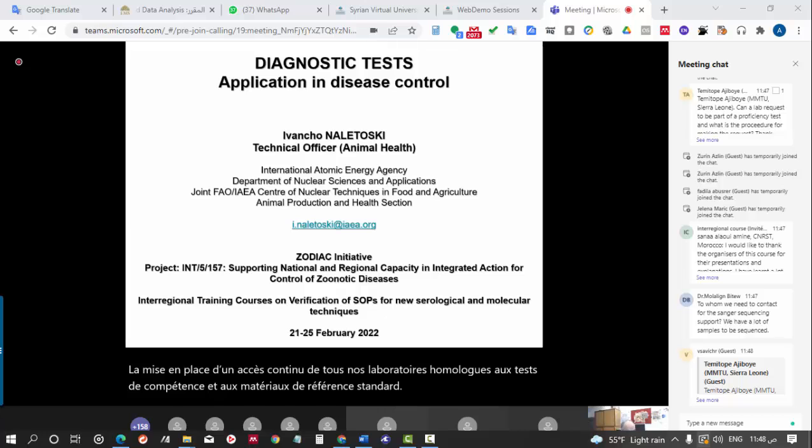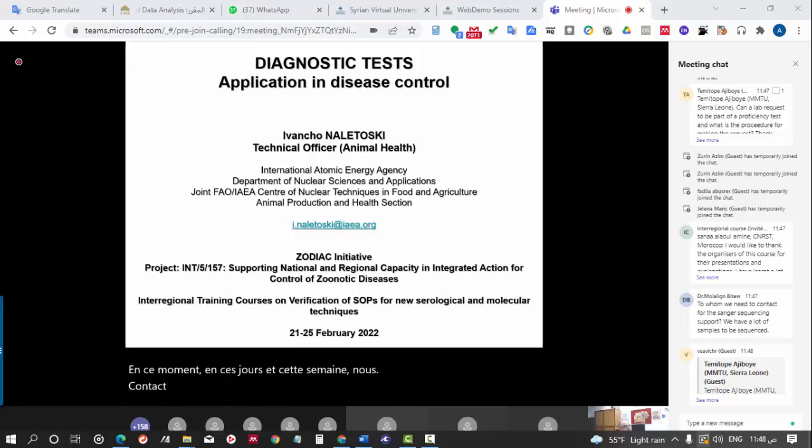Right now, in these days and weeks, we contact the vast majority of the reference laboratories, if not all of them, and we hope that within a few weeks to a few months we will have an agreement with them for continuous supply of standard reference materials and continuous access for all our counterpart labs to interlaboratory trials.